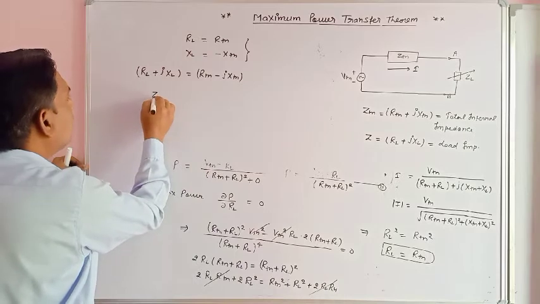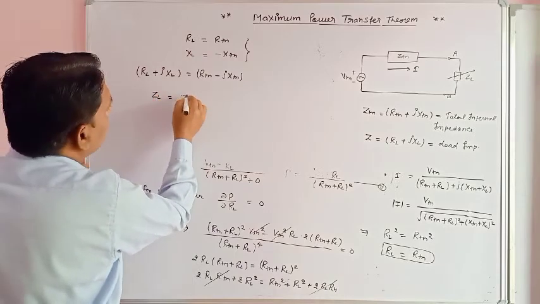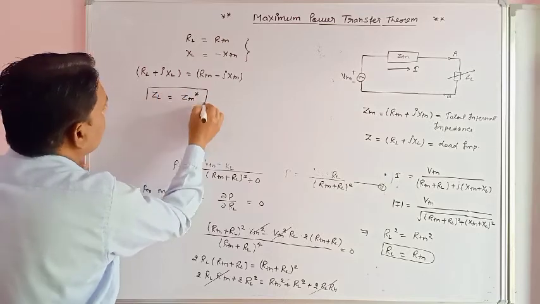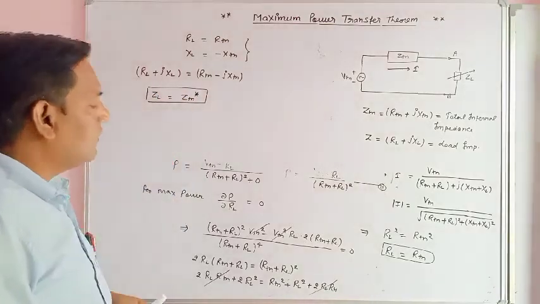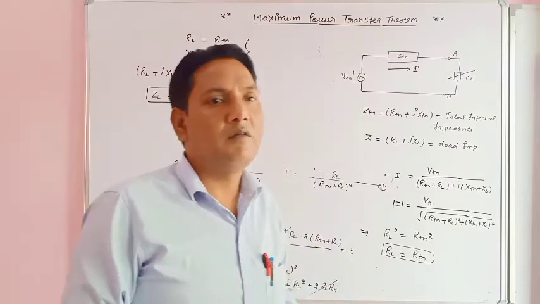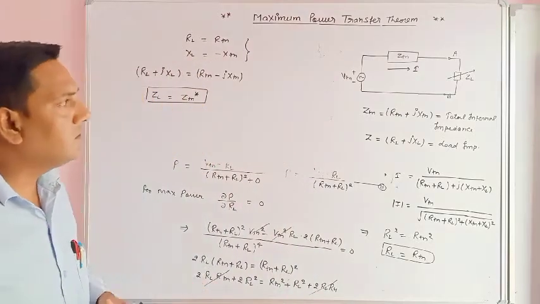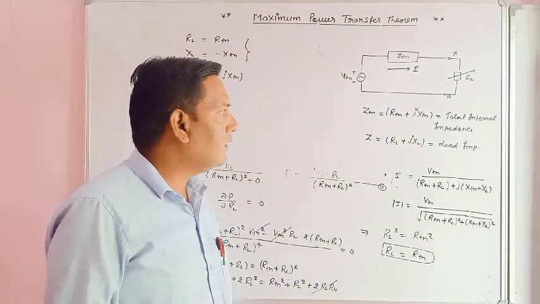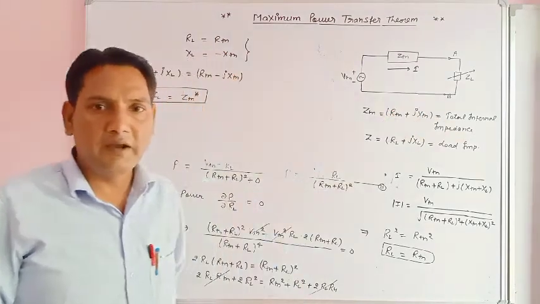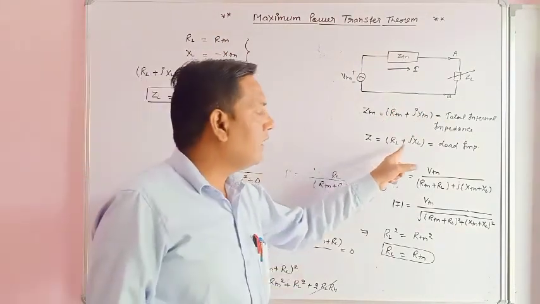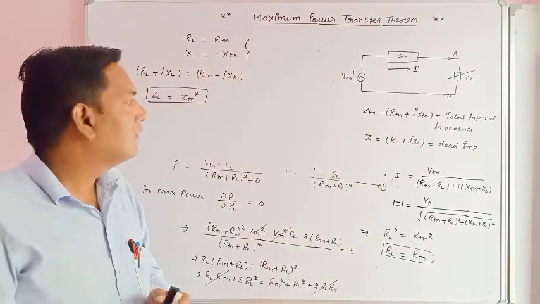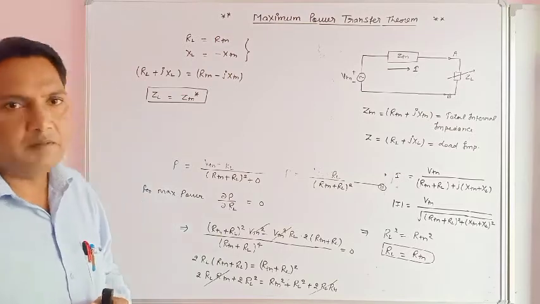This is Z equal to the complex conjugate of ZTH. So this is the condition in the case of a general load, in which the load impedance is varied; the real part as well as the imaginary part both are varied. So this is the condition that we have proved.